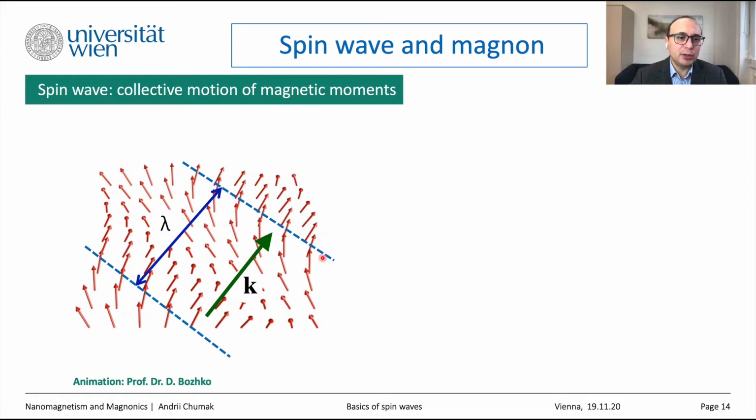Then of course you can find two planes where these magnetic moments here and here are precessing in phase, and the distance between them will be your wavelength, as in any other wave. There is also a wave vector, which usually, not always the case for spin waves, points in the direction of propagation.